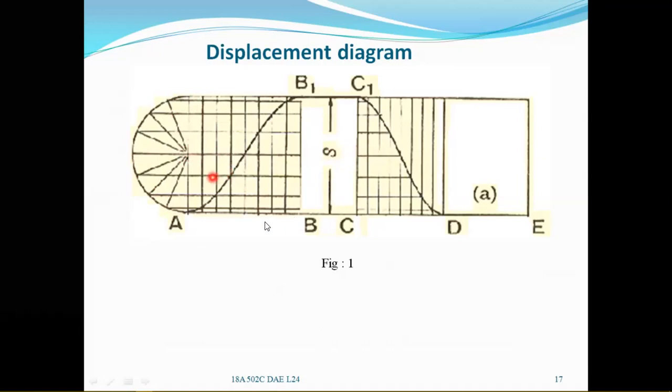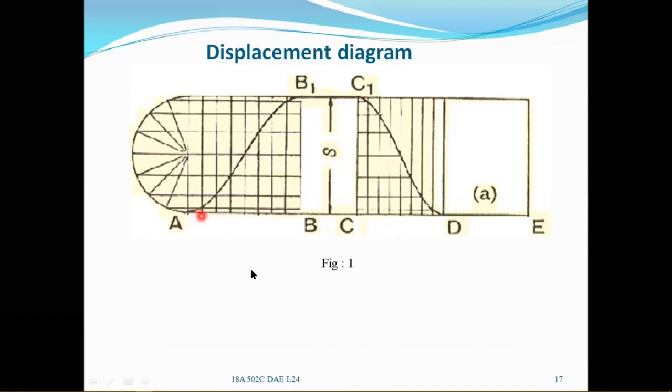That means if you have done 8 parts in the outstroke and in the return stroke, the same number of parts has to be done here also, 8 parts or 6 parts, whatever it is. And mark all these parts and draw the horizontal projectors from each point of the semicircle to intersect the vertical projectors of the outstroke and return stroke.